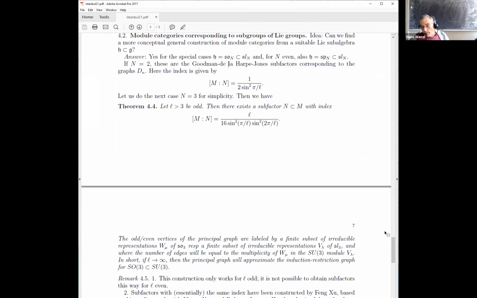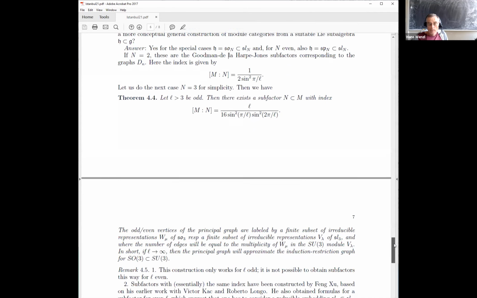So let's do the next case here, with n equals 3. There are some complicated formulas now, which are probably not that important to know. One can calculate this, and one obtains subfactors with the index given by this complicated number.